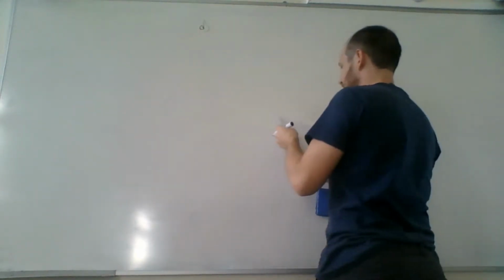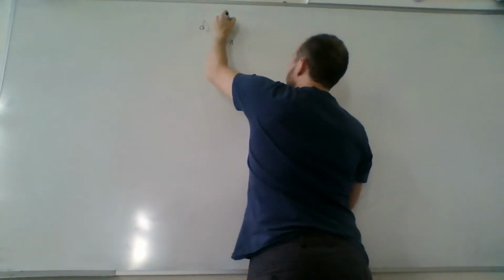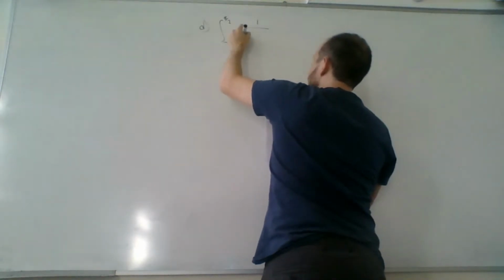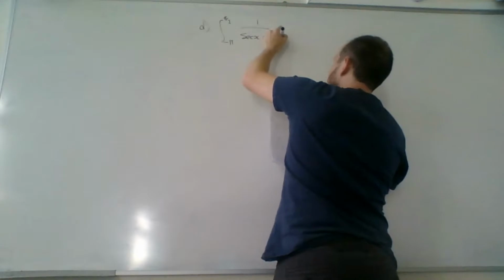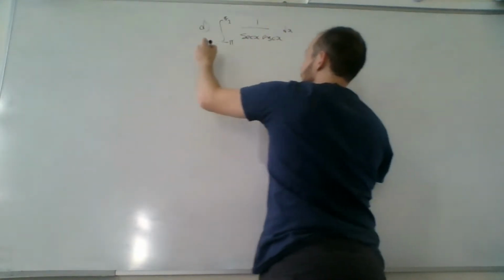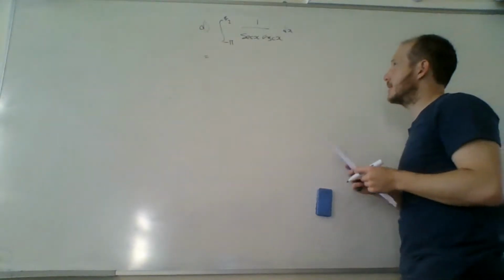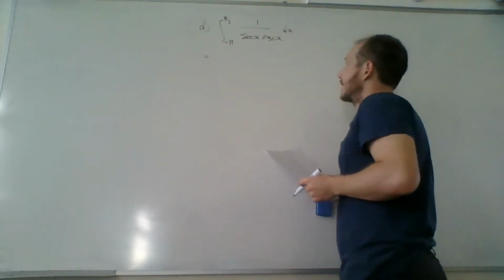Alright, part D. So we've got the integral from minus pi to pi on 2 of 1 over sec x cosec x dx. At this point, obviously, there's nothing that we can use to simplify. However, we can substitute in some properties.